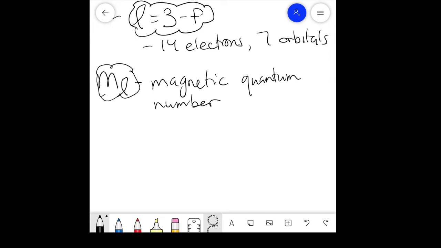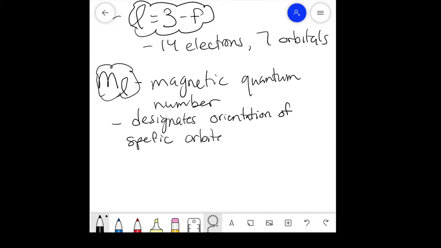And so what the magnetic quantum number designates is the orientation of the specific orbital within the sublevel along the x, y, and z axis. And orbitals, remember, can have a max of 2 electrons.